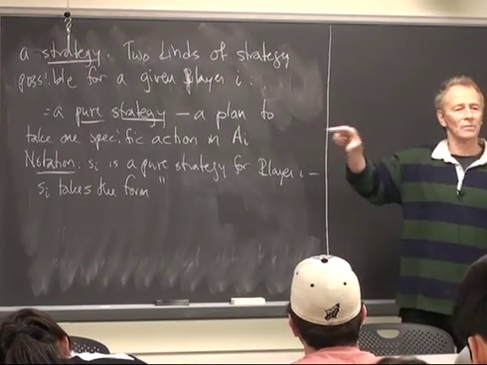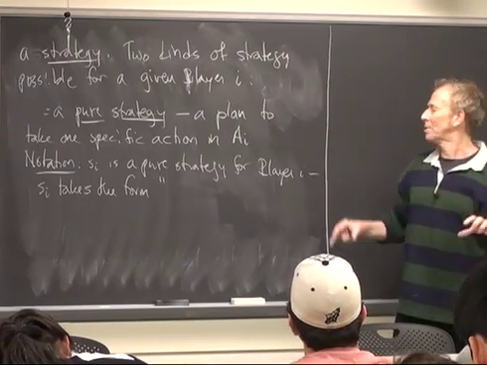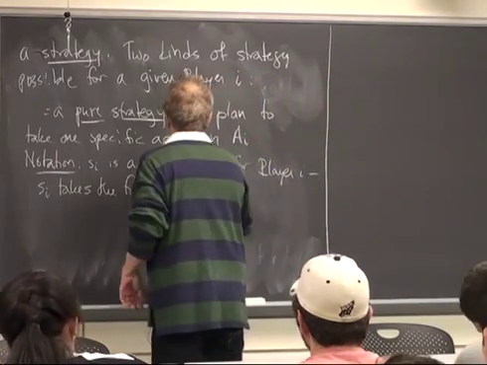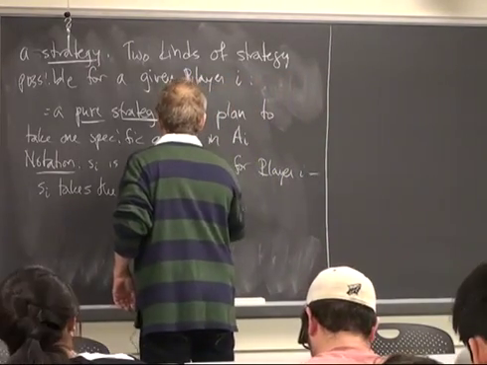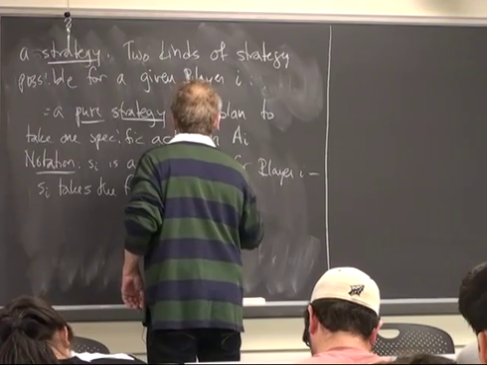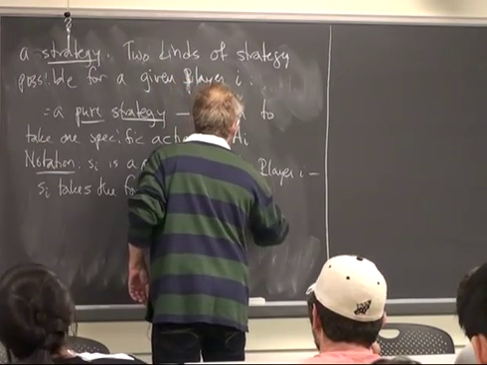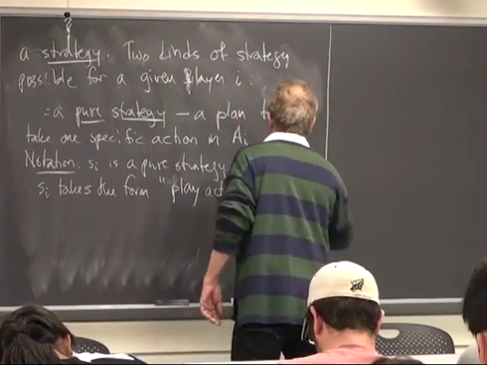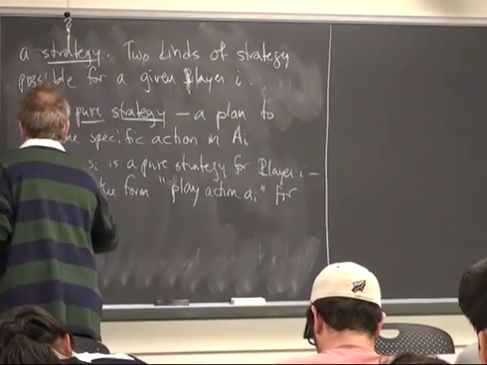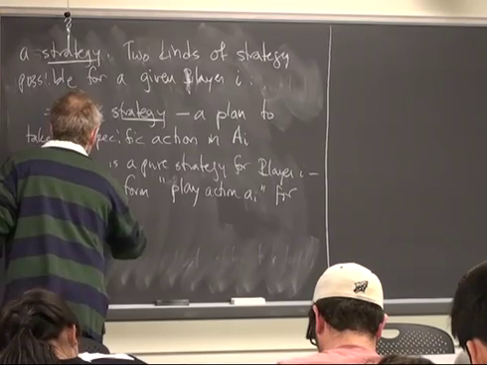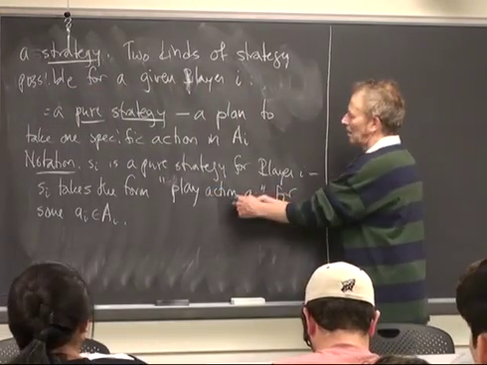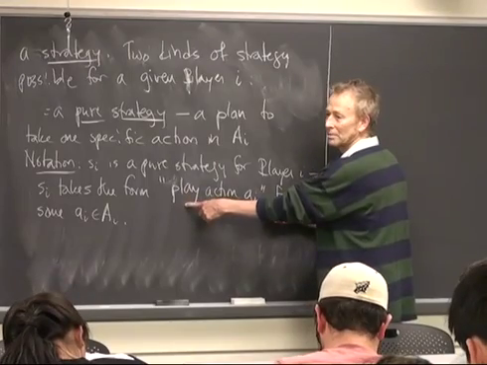This is something that a lot of game theory texts are a little bit sloppy about, but I think it pays to keep them separate in our head. Play action a sub i for some a sub i in A sub i. That's what a pure strategy is like, a marching order of this kind.